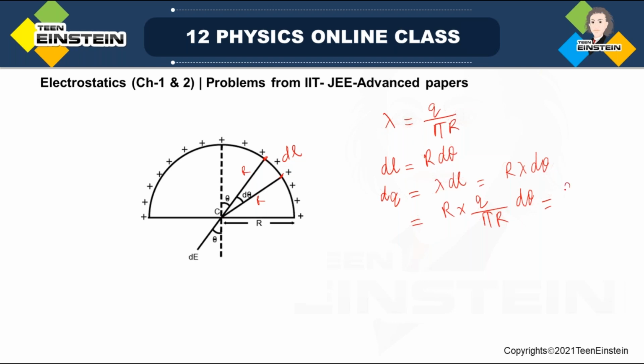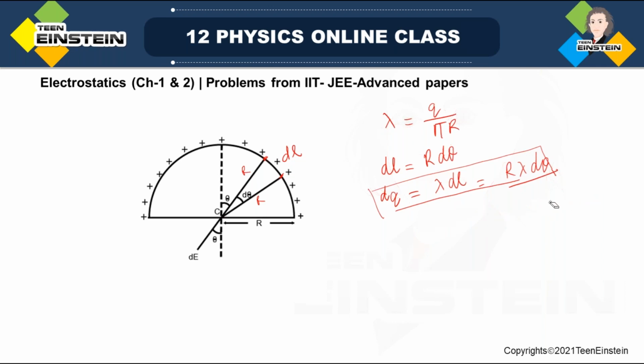So this R goes, so q by pi d theta. If we require, we can find that in terms of q and theta. But anyway, I can write it down as lambda R d theta right now. I'll take this up to here. Let me just erase it, not to confuse you.